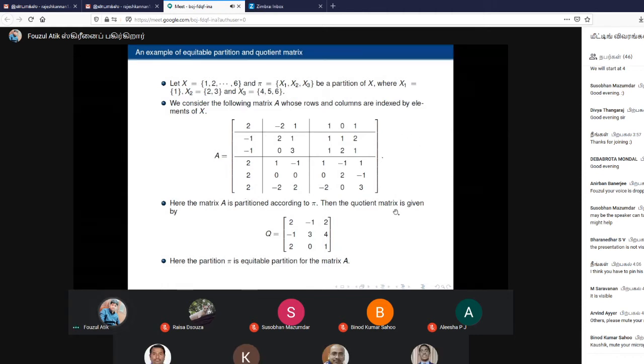What about the other eigenvalues? The other eigenvalues we cannot say from this result. But all three eigenvalues of the matrix Q are also 3 eigenvalues of the matrix A. This much is clear.